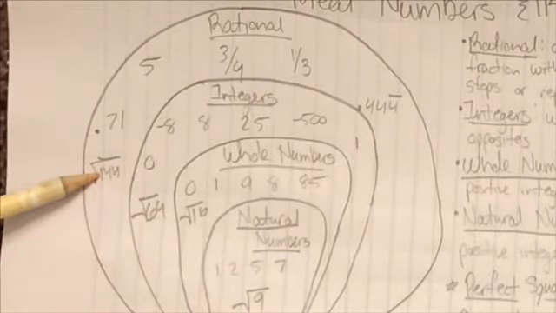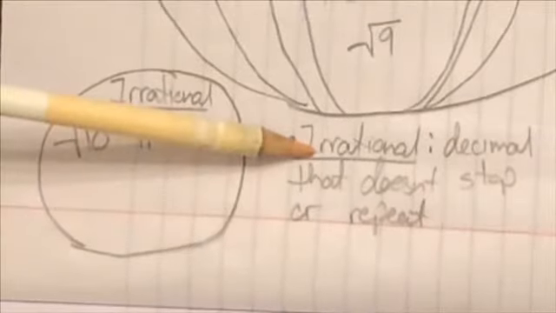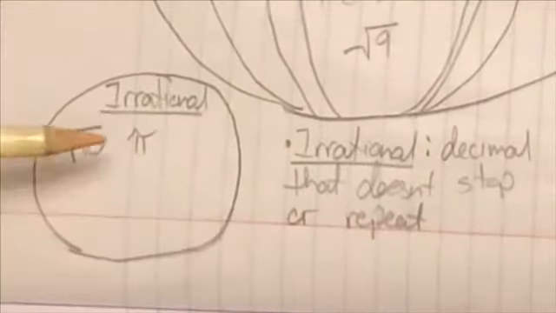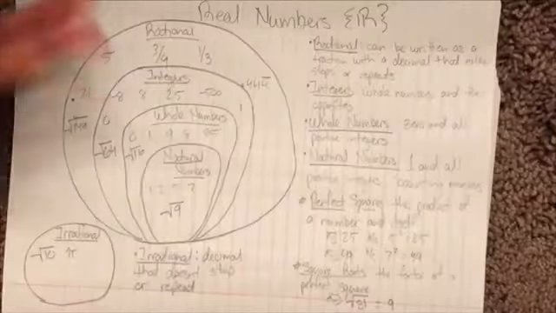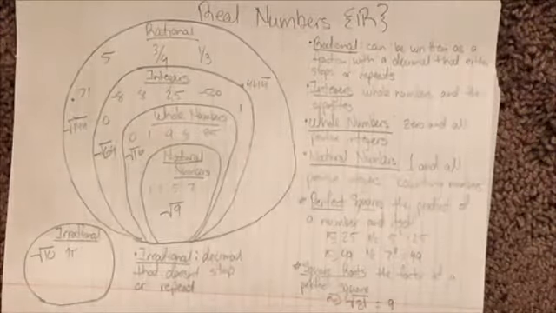Now, all of these also fit under rational numbers. Even though we have the radical sign, they're still rational. If they're not perfect squares, they're called irrational numbers, like the square root of 10 and pi, which is a very popular irrational number. It's not really 3.14. That's an approximation. It's really 3.14 and a lot of other things. The universe of real numbers with rational and irrational.